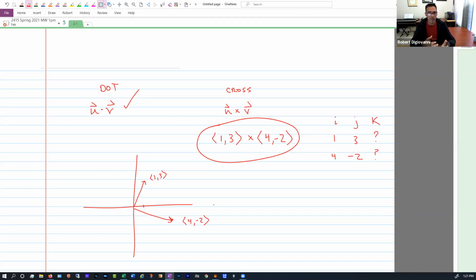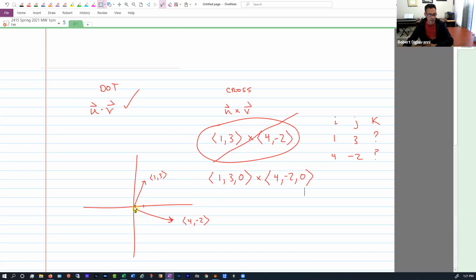Therefore, the workaround anytime we want to take the cross product of two vectors in two-dimensional space is to extend those into three-dimensional space. We just throw zeros on to the end for the z component. And now it's this same picture, but we are in three-dimensional space. So your answer will be in three-dimensional space.